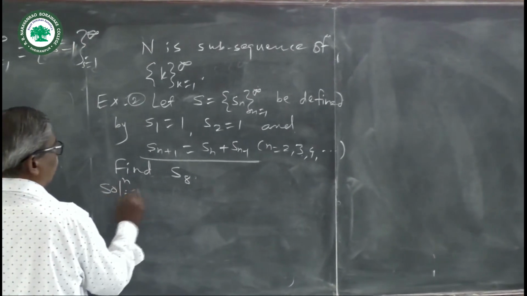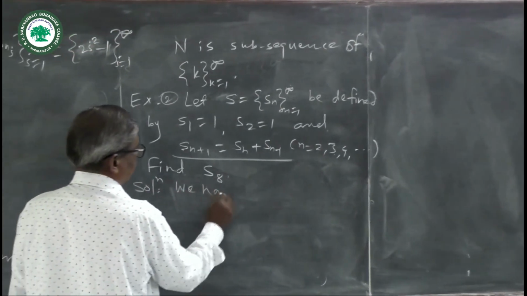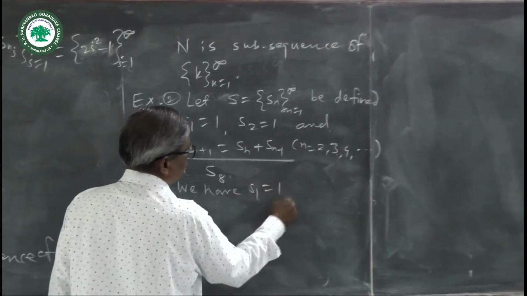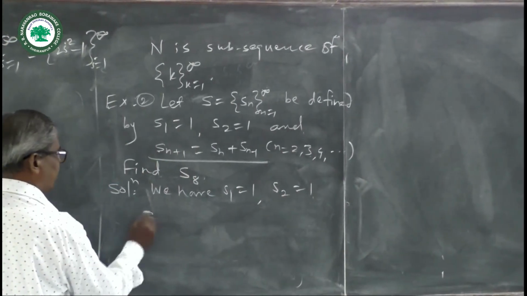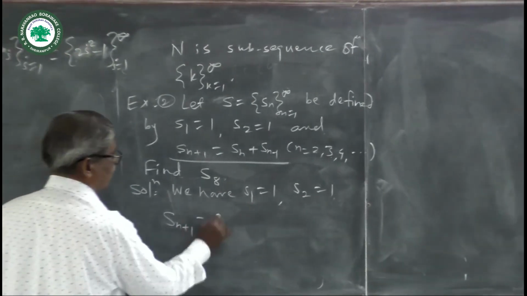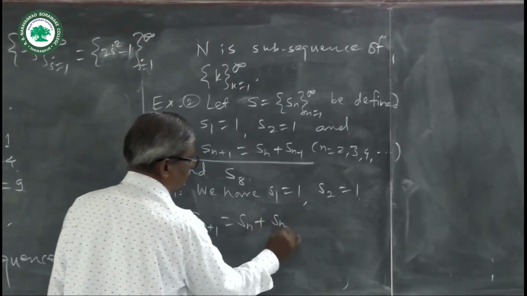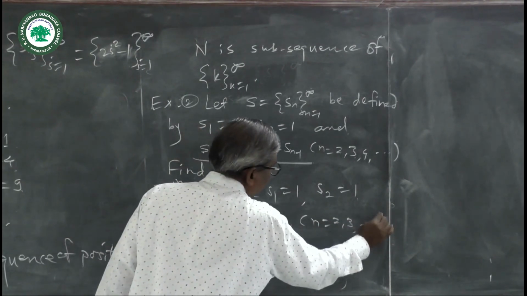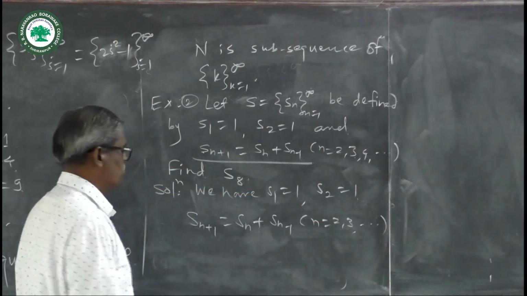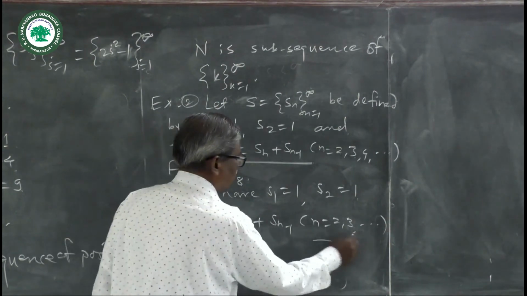Solution: we have S1 is equal to 1, S2 is equal to 1, and the recurrence relation Sn plus 1 is equal to Sn plus Sn minus 1 for all n is equal to 2, 3, and so on up to infinity. This is equation 1.